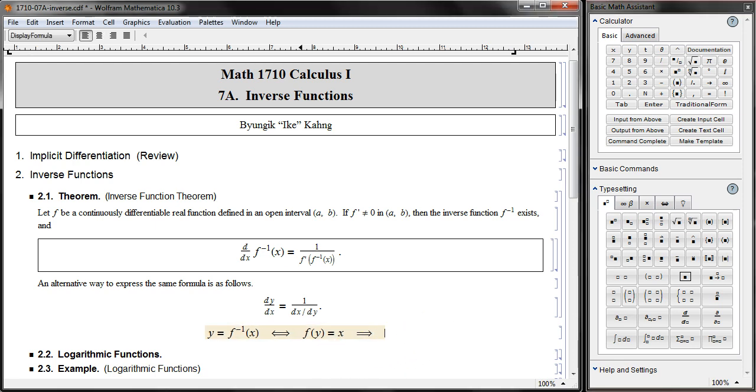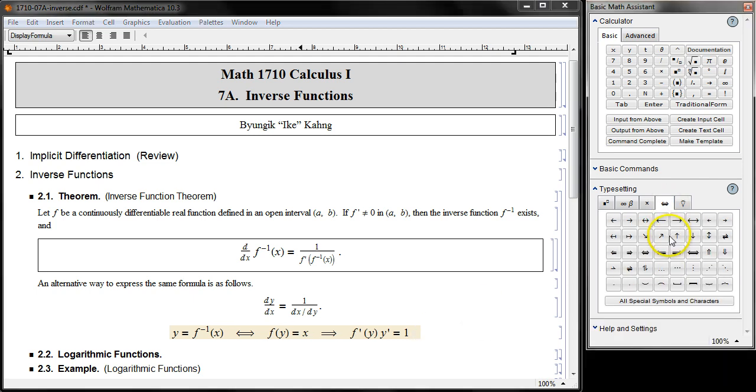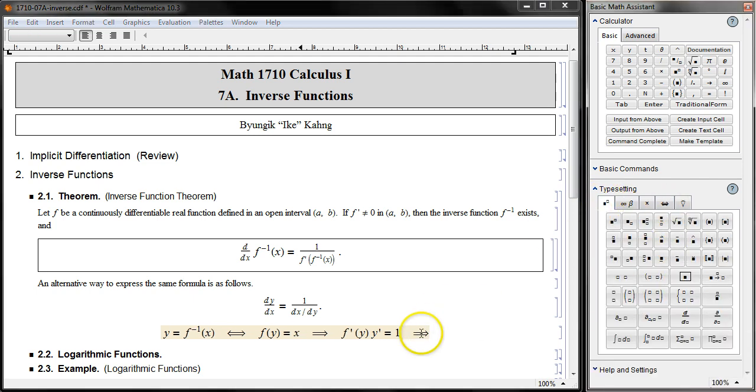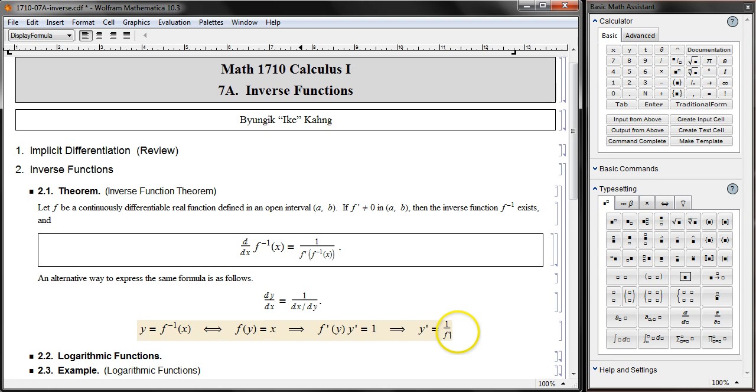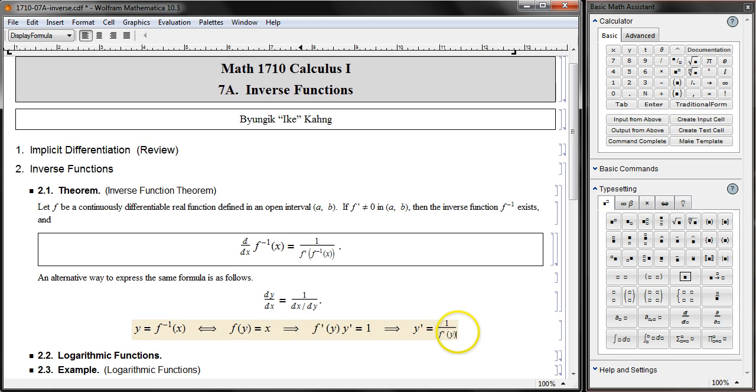By chain rule we have f prime of y, and then the derivative of the inside, y prime, is equal to the derivative of the right hand side, that's just 1. And then finally we get y prime equals 1 over f prime of y, and basically that is what we see over there.